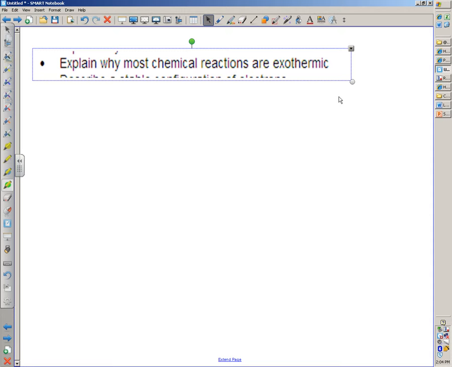So, we said that elements bond with one another because they're trying to get to a lower energy state. But energy is a conserved quantity, right? Conservation of energy. So if it has high energy and then it bonds with something and now it has low energy, that energy can't just go away, right? It's got to go somewhere. What did we say that exothermic meant?